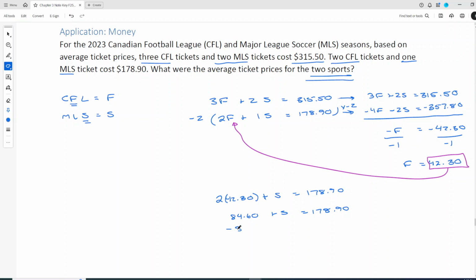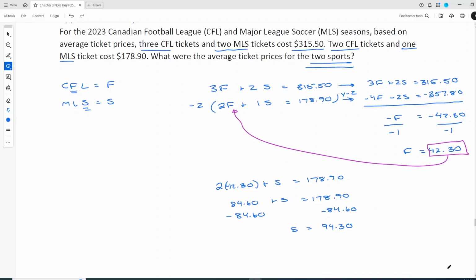And then I'm going to subtract that 84.60 from both sides. And I end up with s is equal to 94.30.